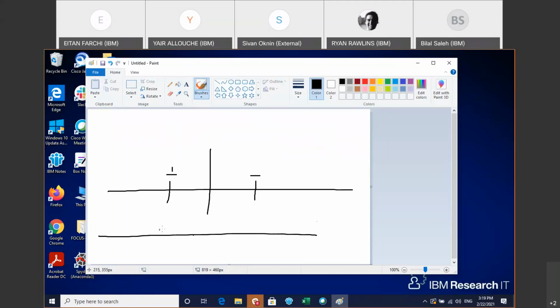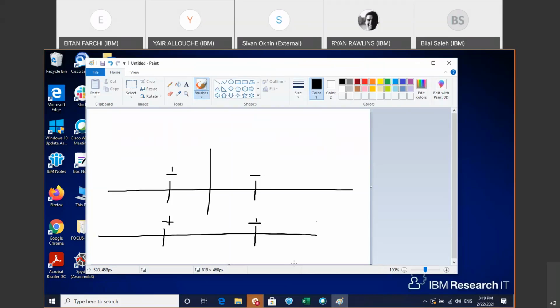Can I shatter this one if I label it like this? Can I shatter this one? The 2 points here, both of them are a plus. Can I shatter them?